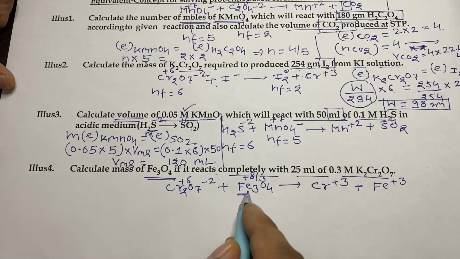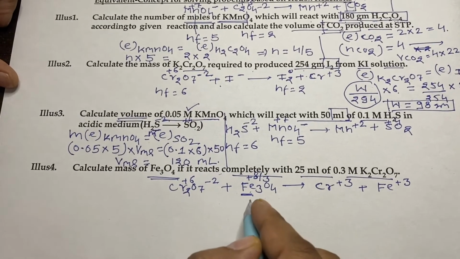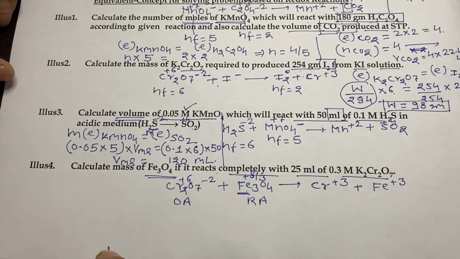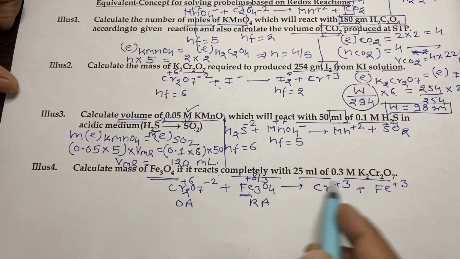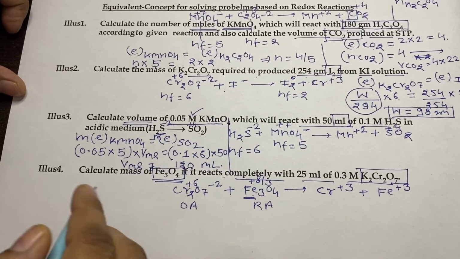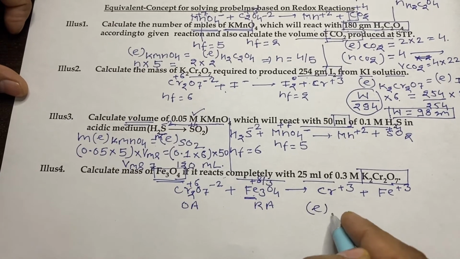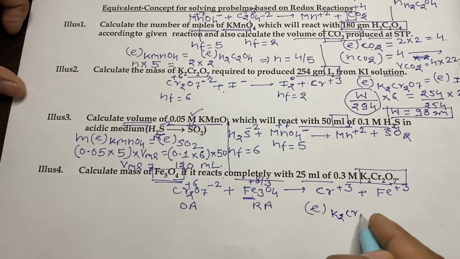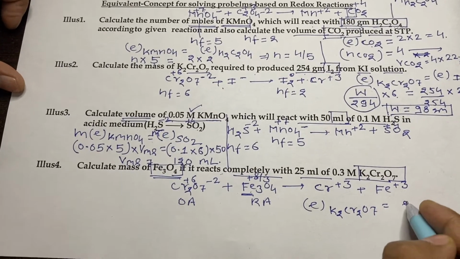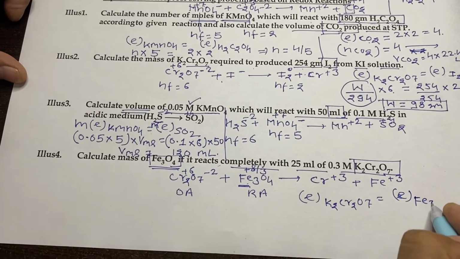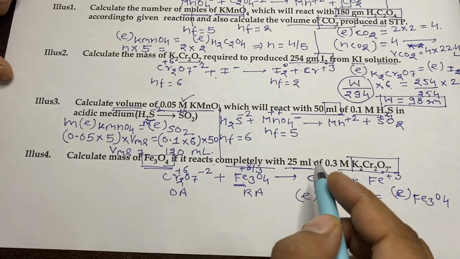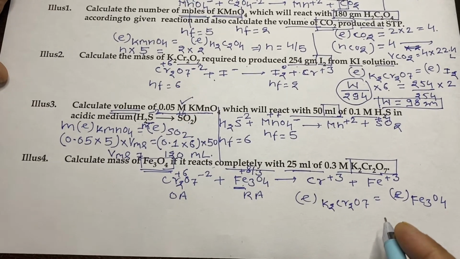So it is increasing its oxidation number, so it will be the reducing agent and dichromate will be the oxidizing agent. So simply we want to relate the dichromate K2Cr2O7 with the Fe3O4. Whatever data is given, put it equal, so the equivalents of K2Cr2O7 will be equal to the equivalents of Fe3O4.